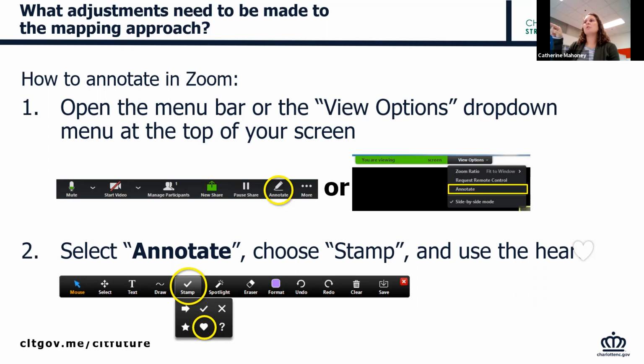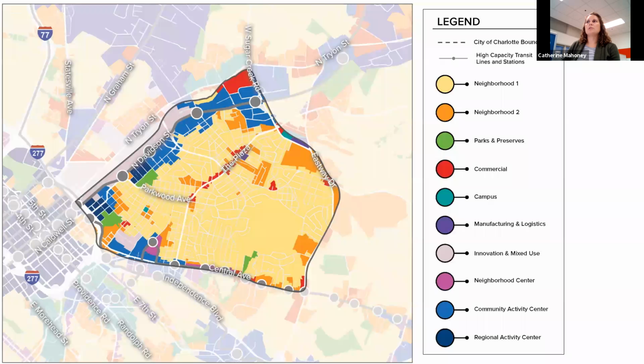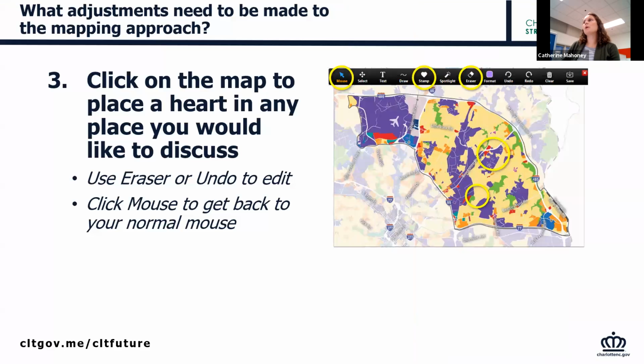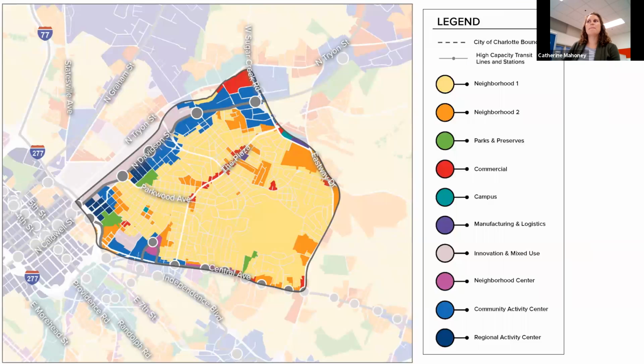You hover over that, you can find the annotation option, and ultimately try to find the stamp tool and select the heart. We're going to collect comments on things you like and don't like, but the heart is the easiest icon for us to see on the screen. You can also erase or use the mouse to point things out if needed.